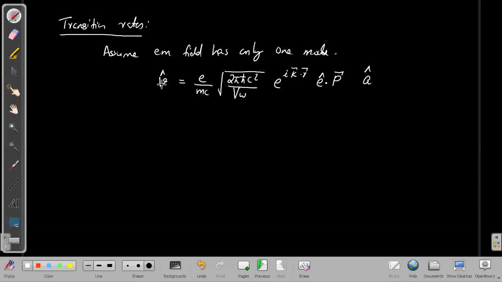So this would be your v. And the interaction potential, capital V of t, simply becomes v times e raised to minus i omega t plus v dagger e raised to plus i omega t. So what I have done is removed the sum over lambda here, because I assumed the electromagnetic wave contains only a single mode.